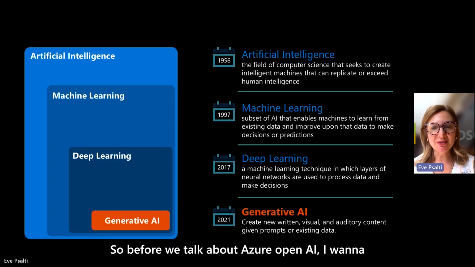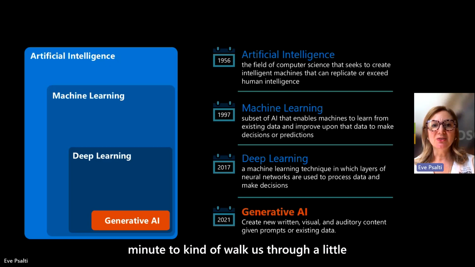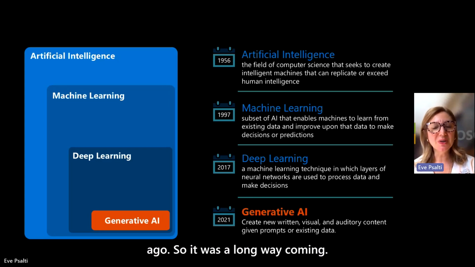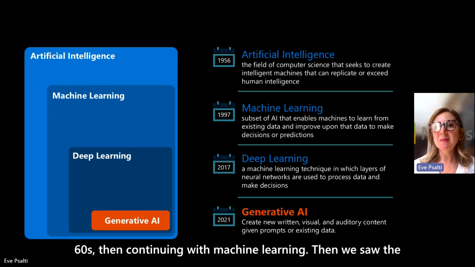Before we talk about Azure OpenAI, I want to take a minute to walk us through a little bit about the evolution of AI that started several decades ago. It was a long way coming, starting with artificial intelligence back in the 50s and 60s, then continuing with machine learning.